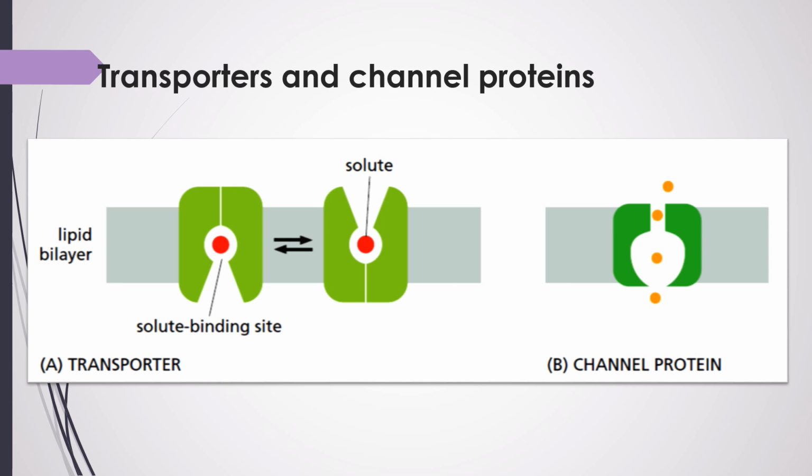Channels, by contrast, interact with the solute to be transported much more quickly. They form continuous pores that extend across the lipid bilayer. When open, these pores allow specific solutes to pass through them and thereby cross the membrane, for example inorganic ions of appropriate size, and sometimes glycerol, ammonia, and also water.